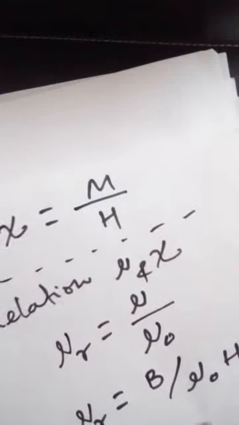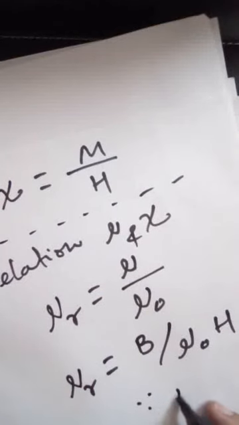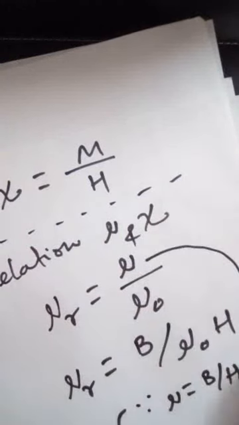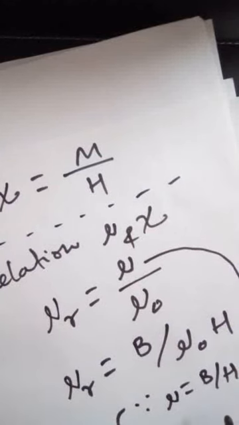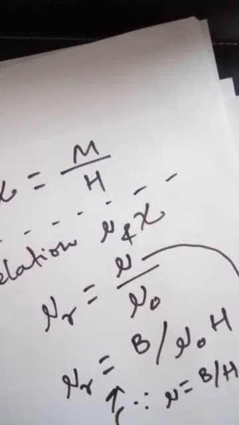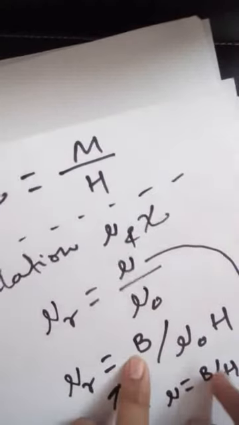So we should write that mu r is equal to B by mu 0 H, because we know that mu is equal to B by H. So we are putting the value of magnetic permeability in this equation, and we find that mu r is equal to B by mu 0 H.